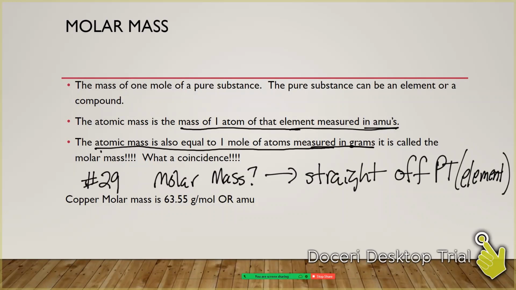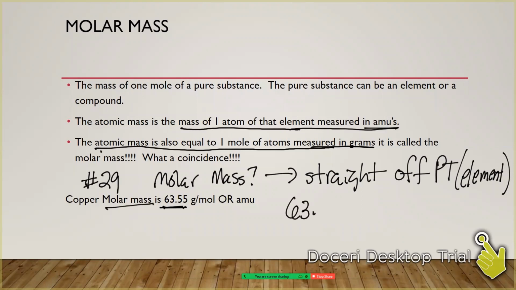But if it's just a single element all by itself, and I needed its molar mass for some type of conversion, I could get that straight off the periodic table. So if you look at copper, which is element number 29, that 63.55 is its atomic mass in atomic mass units, and it's also its molar mass.